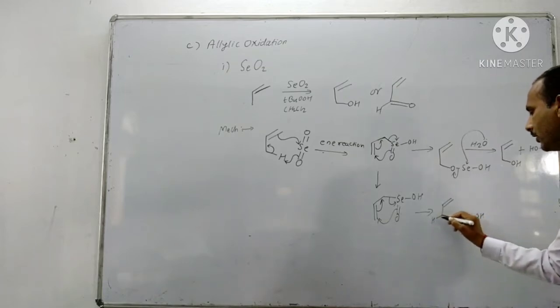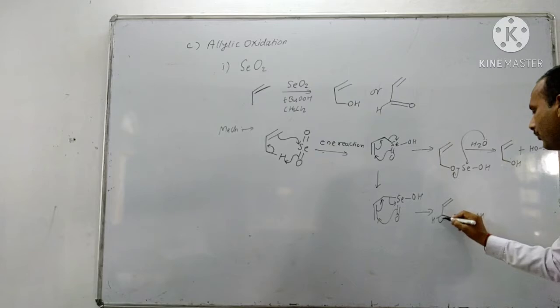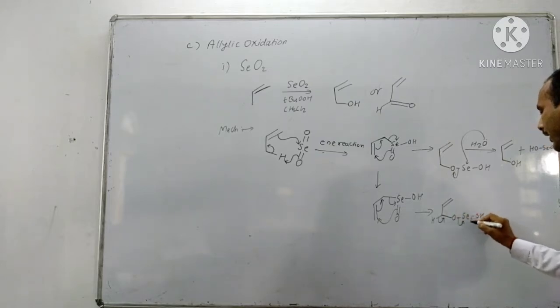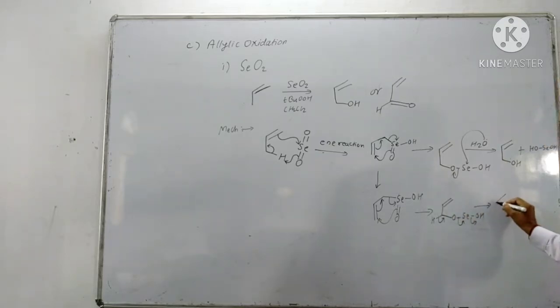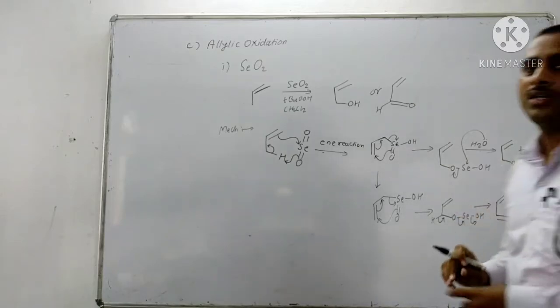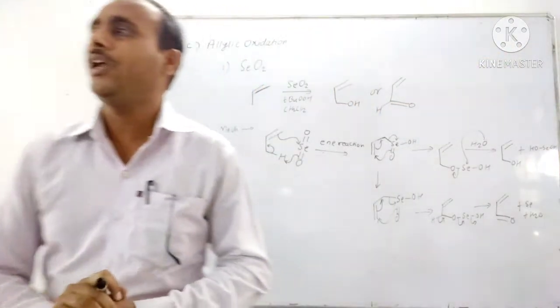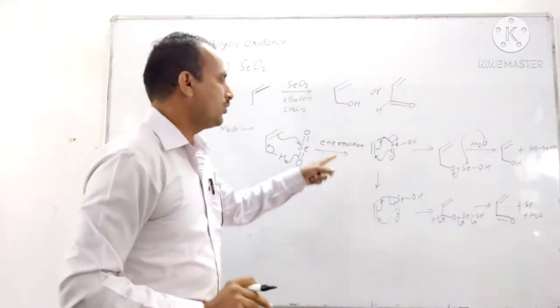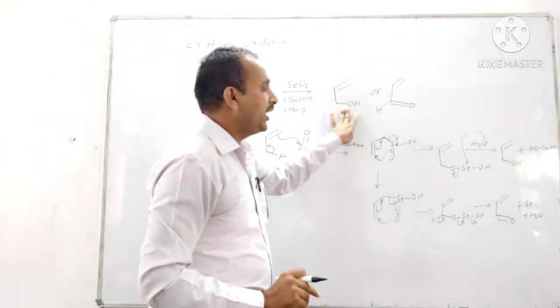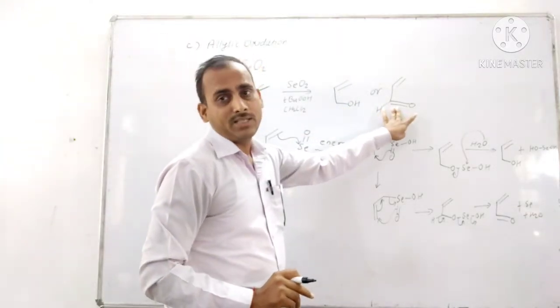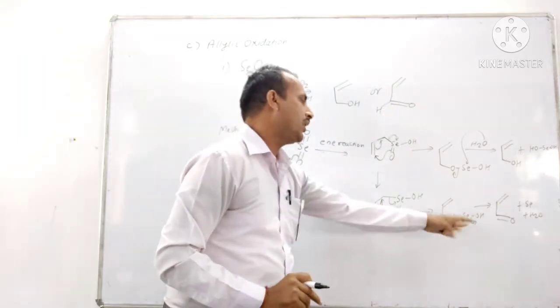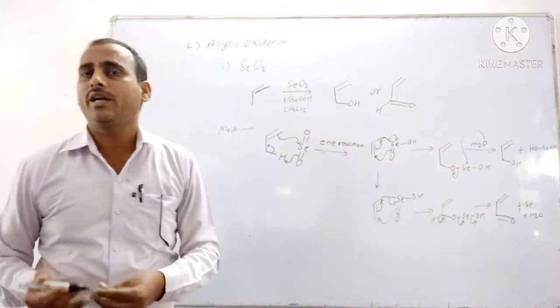Now here is the loss of water molecule and selenium, giving plus H2O, and an alpha beta unsaturated carbonyl is obtained by using this reagent. So either this allylic alcohol or this alpha beta unsaturated carbonyl compound is obtained. This is the mechanism for these reactions.